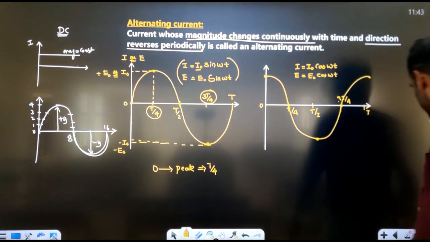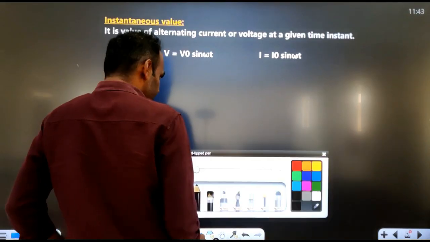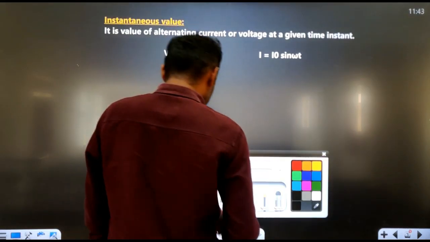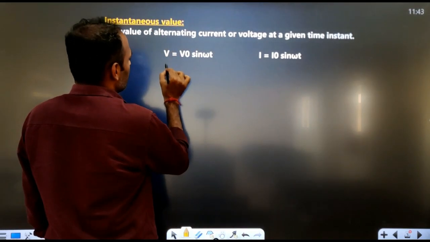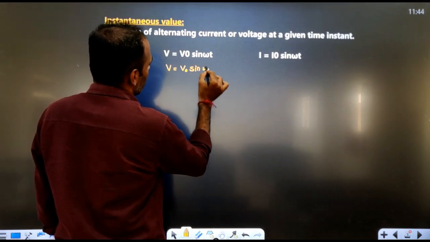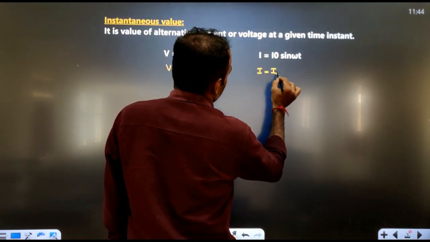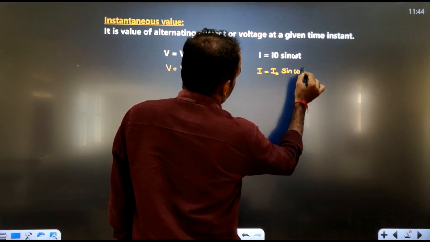Okay, well, we'll go to the next concept now. See, instantaneous value. So first, what is instantaneous value? We have written its expression here. This is V naught. So instantaneous value is given by V is equal to V naught sin omega t, and I is equal to I naught sin omega t, right?